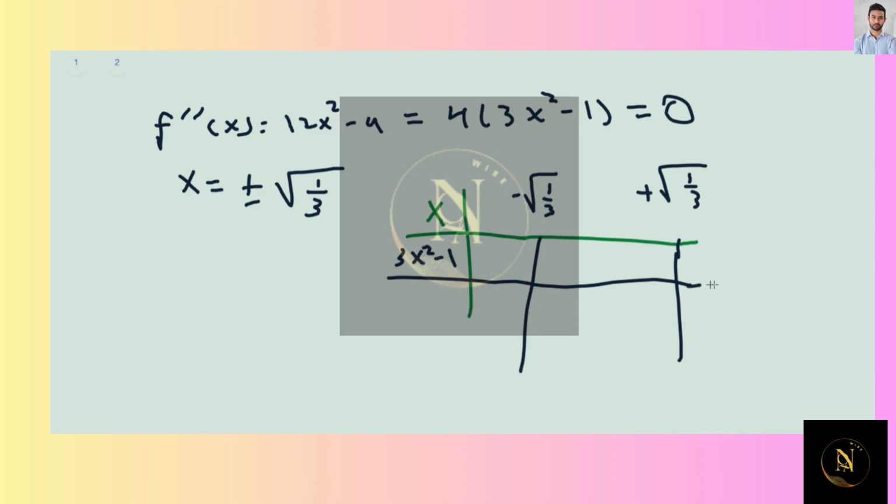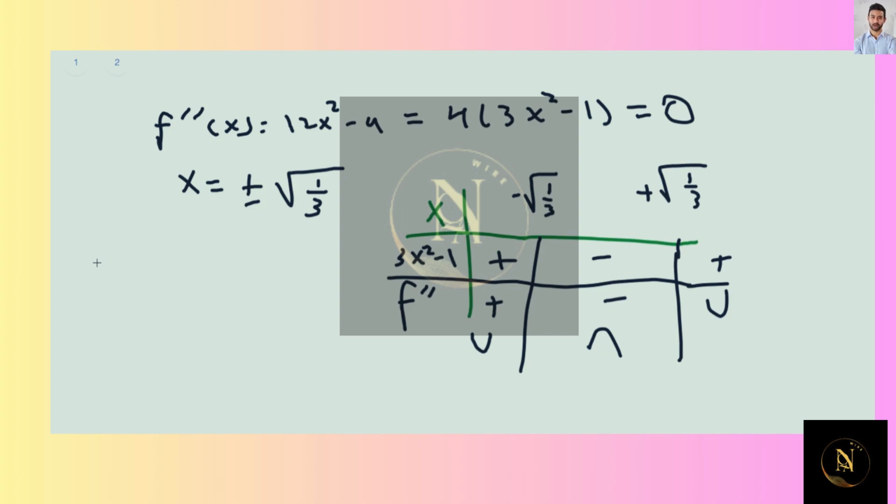And if you plug in values less than negative root 1 over 3, you get numbers that are positive. If you plug numbers between negative root 1 over 3 and positive root 1 over 3, you get numbers that are negative. And if you plug numbers greater than root 1 over 3, you get positive. So these tell us the sign of f double prime. And so if f double prime is positive, it is concave up. If it's negative, it's concave down. And if it's positive, it's concave up.